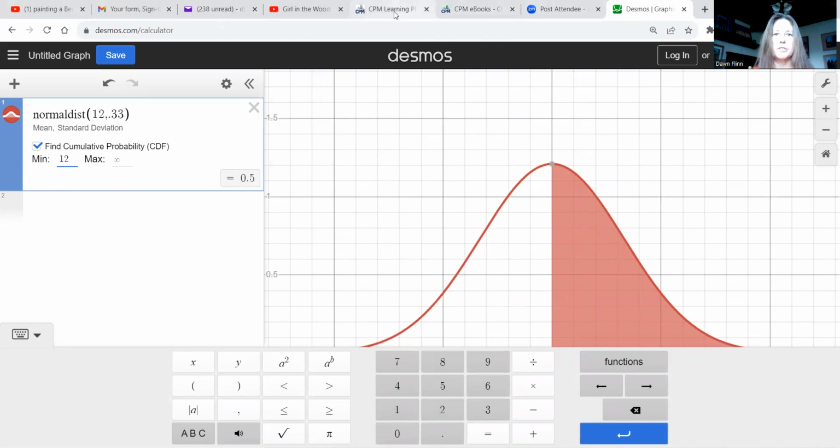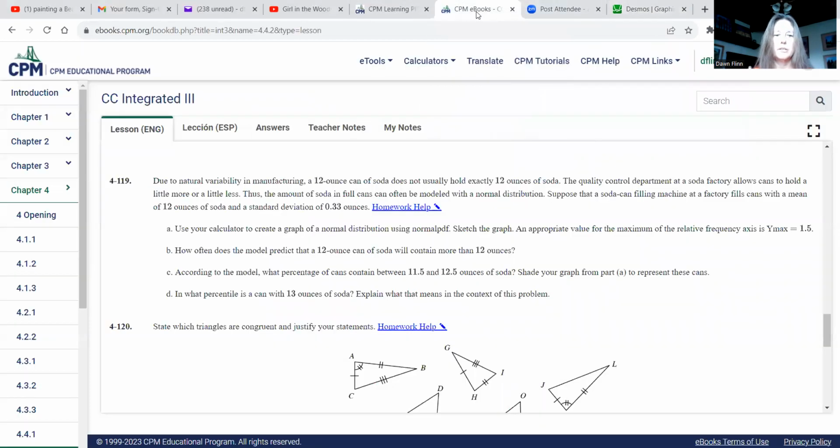And then the next question is, according to the model, what percentage of cans contain between 11.5 and 12.5 ounces of soda? Shade your graph. Okay, so let's do that.